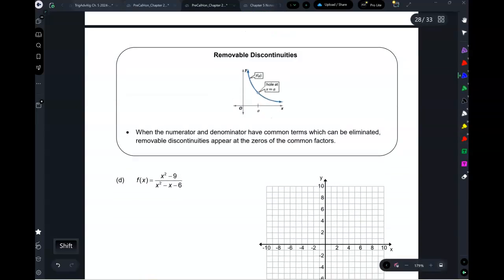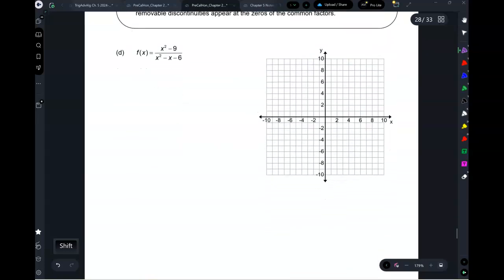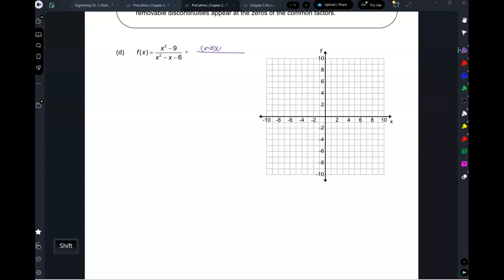Okay, removable discontinuities. Removable discontinuities happen when there is a common term in the numerator and denominator which can be eliminated. So let's factor this. And here we have x minus 3, x plus 2.